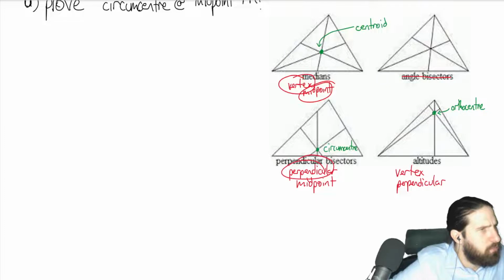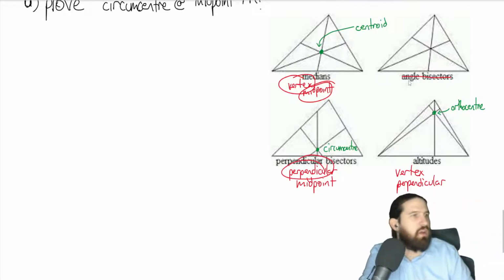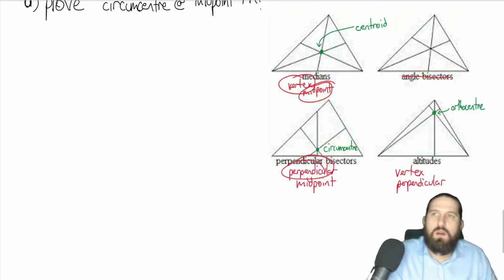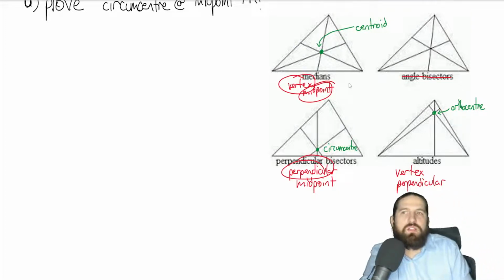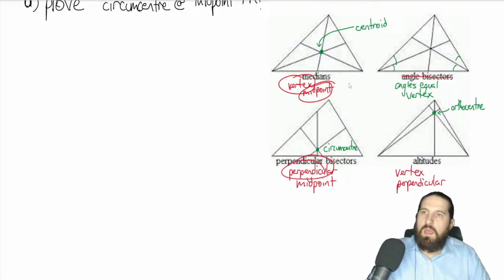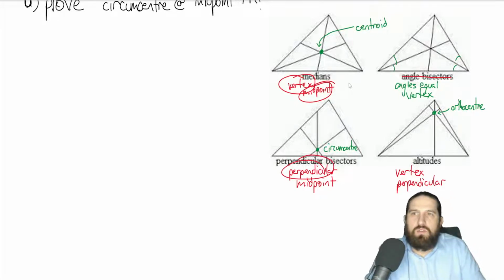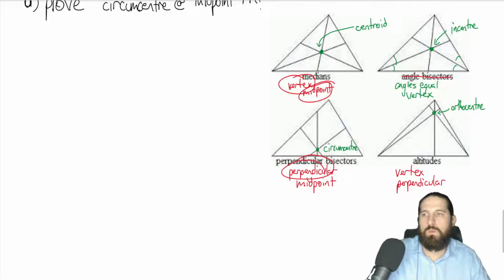Yes. And these, your angle bisectors, are halfway on each, so these angles are equal. Okay? Angles equal, and then just vertex. Okay? And that is called your in-center. I don't think we learned that one as much, but okay. Cool.